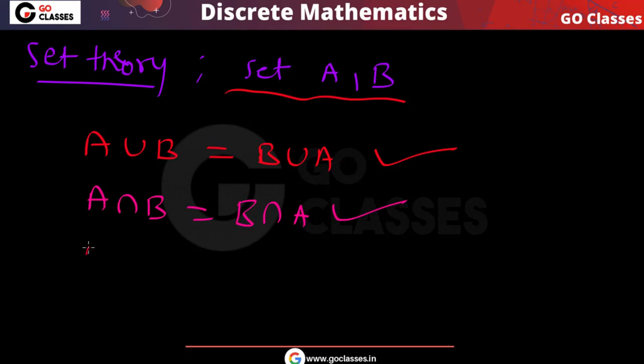Okay, what about set difference? Can I say A minus B is the same as B minus A? This is not correct. So set difference is not commutative. And what about symmetric difference?